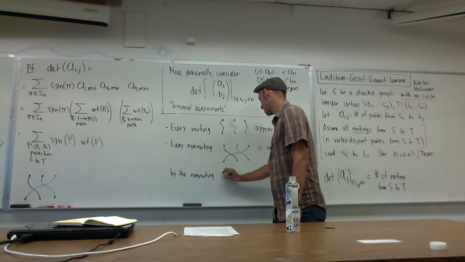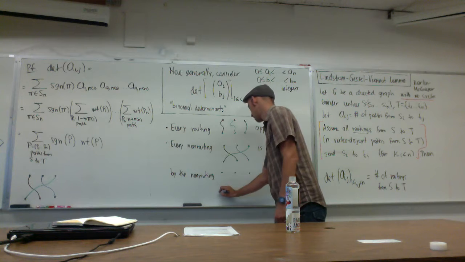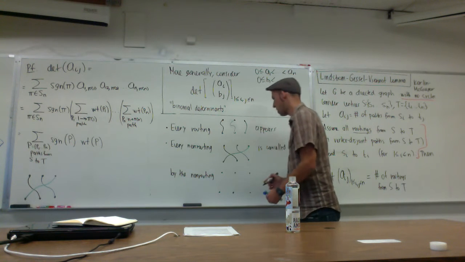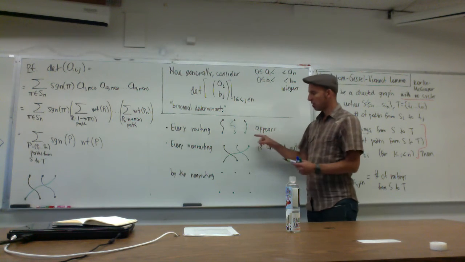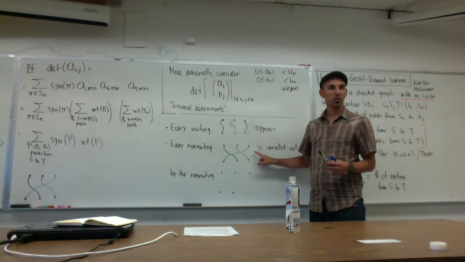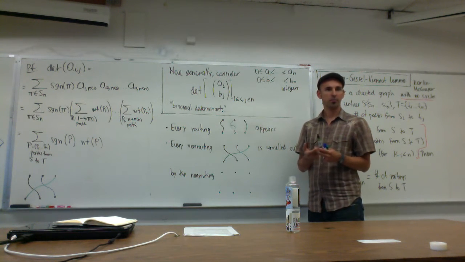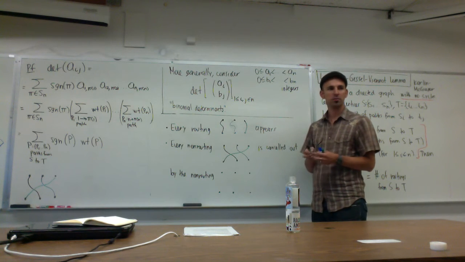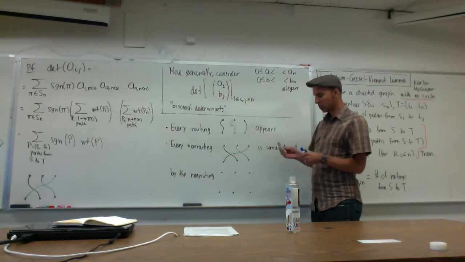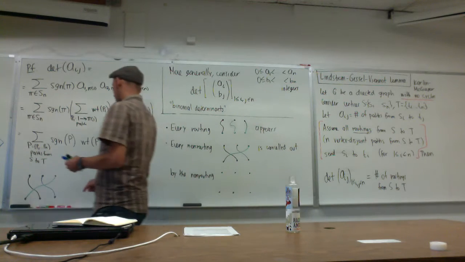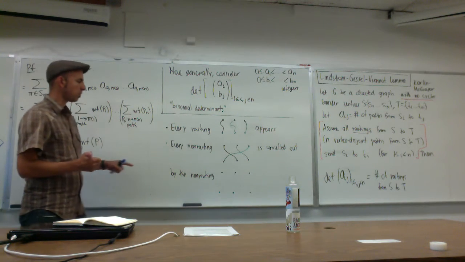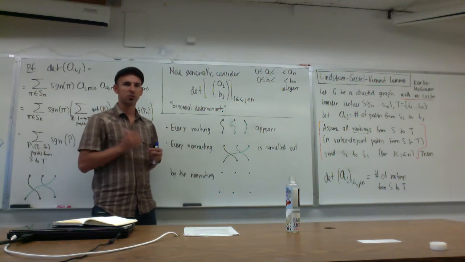It's going to be this one. This is not a routing, so some paths cross. Some Pi and Pj must cross. And so I'm going to point to one crossing that I'm going to say is the first crossing.